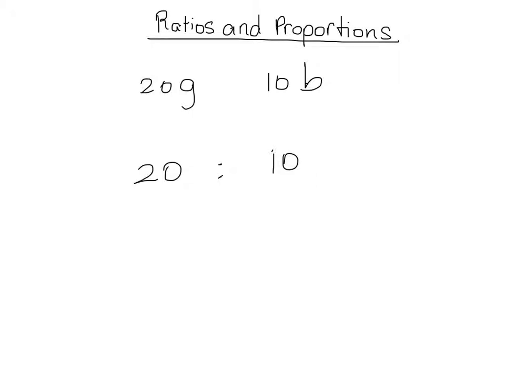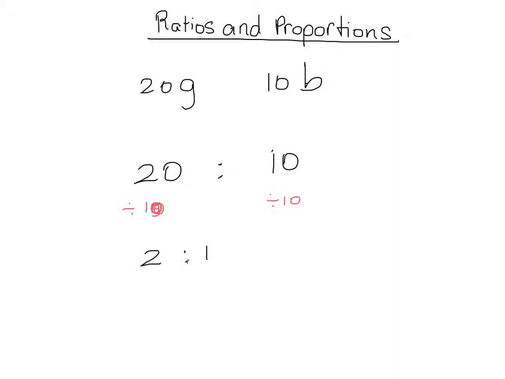Alright, but normally when you see a ratio, it is reduced as far as possible, meaning if there are any common factors between these two numbers, we want to divide by the greatest common factor. The greatest common factor of 20 and 10 is 10, so we divide both by 10, and we get that the ratio of girls to boys is 2 to 1.